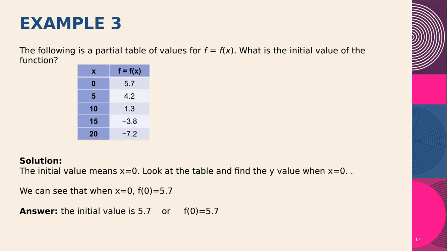And we remember that the initial value is the beginning value when x is equal to 0. And from the table you can see that when x is equal to 0, f of 0 is equal to 5.7. It means that the initial value is 5.7.